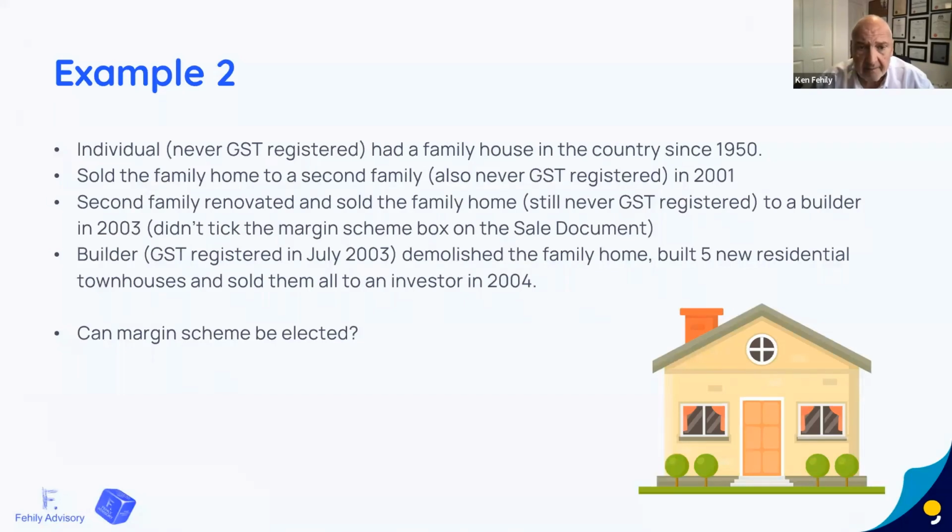Taking it step by step, the builder bought the family home from a family in 2003, knocked it down, built 5 brand new residential townhouses, completely different to the house they bought. Can the builder use the margin scheme? Answer is yes or no. The builder bought the house. It wasn't taxable when they bought it. It was an out-of-scope sale. It was also an input taxed sale.